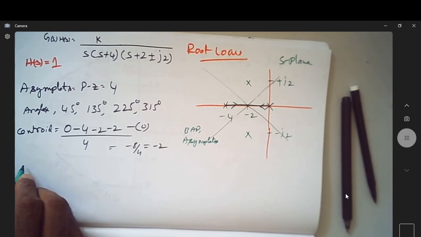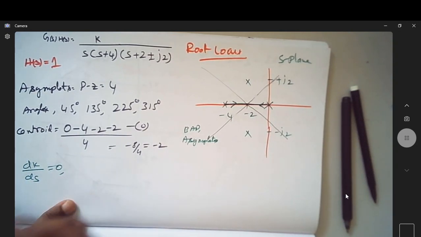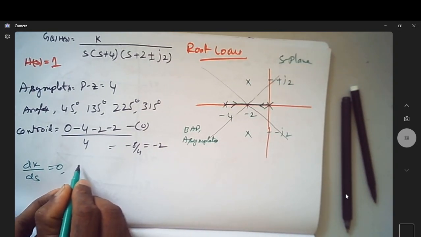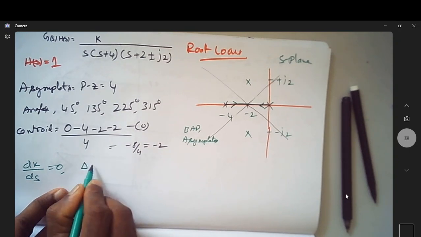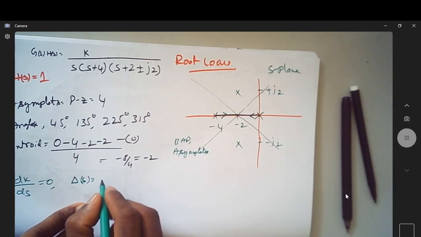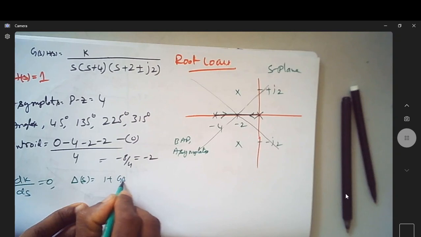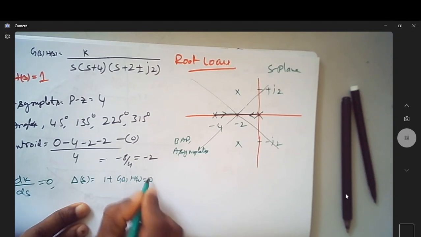Next I need to find the breakaway point. To find the breakaway point, we need to set dK by ds equal to 0. To do this, I first need to find the K value. To know the K value, let me first find the characteristic equation, which is 1 plus G of s into H of s equal to 0.